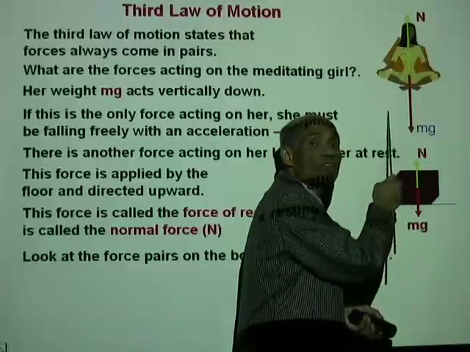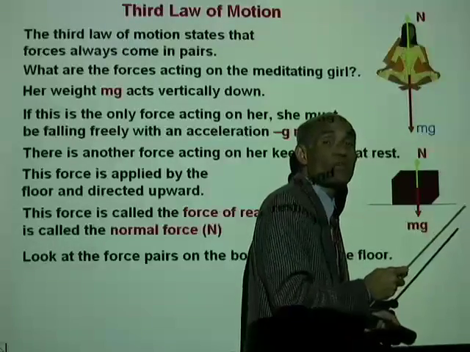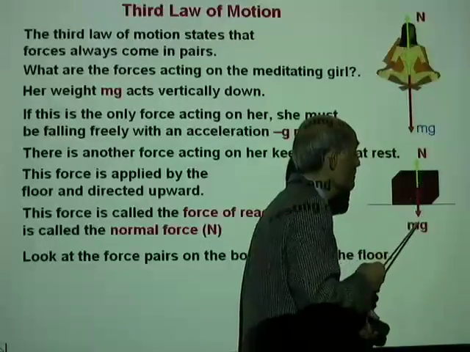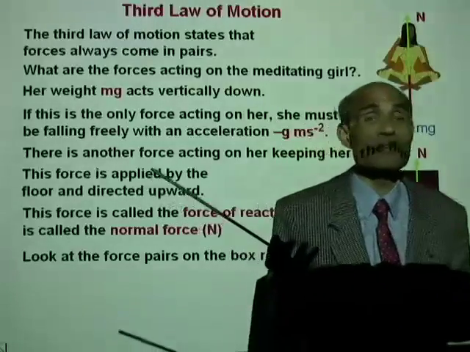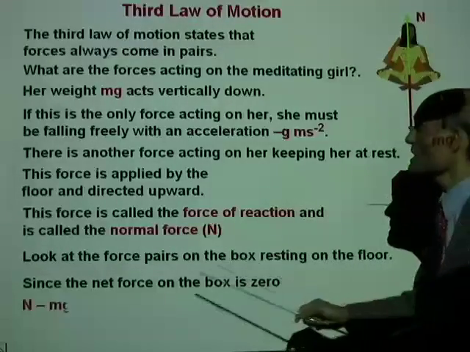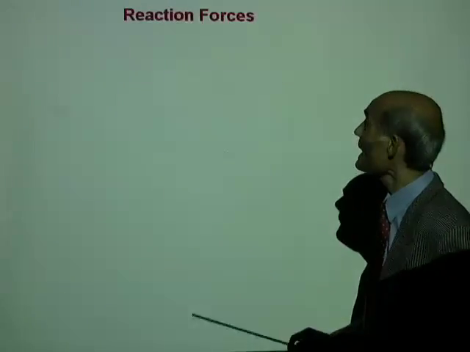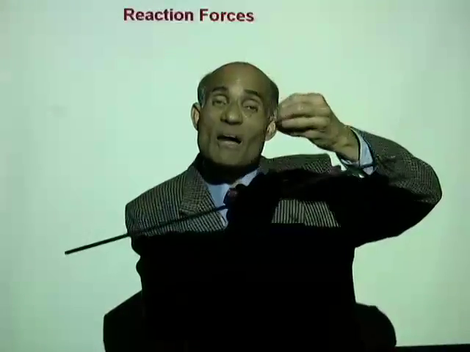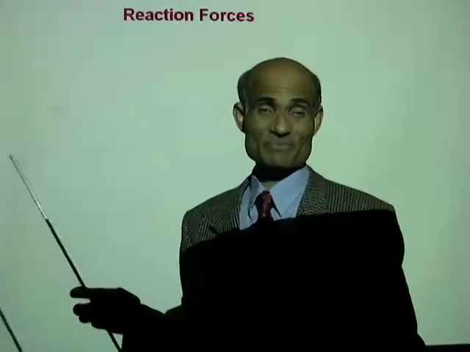N is a positive force, mg is a negative force. Therefore, the net force is N minus mg. And since there is no net force on the box, we can say N minus mg equal to 0, or N equal to mg. So you can see that the weight and the reaction forces are equal and opposite.